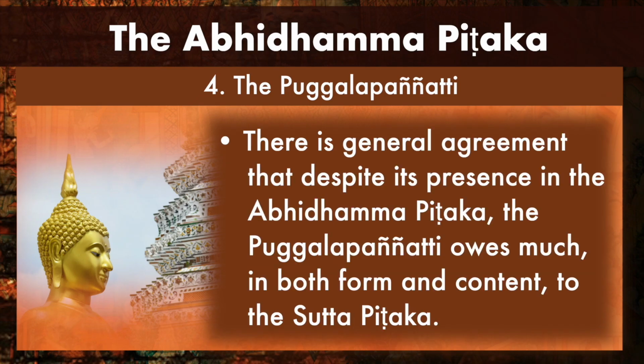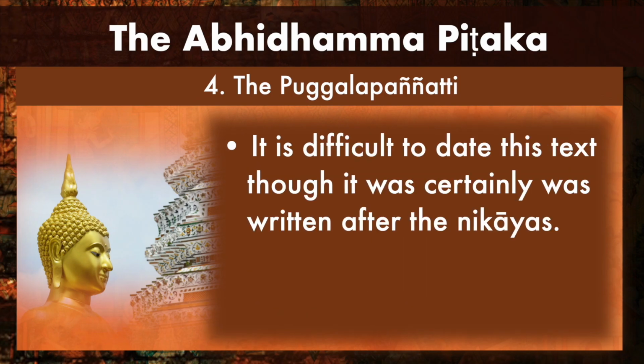There is a general agreement that despite its presence in the Abhidhamma Pitaka, the Puggal Panyatti owes much in both form and content to the Sutta Pitaka. It is difficult to date this text, though it was certainly written after the Nikayas.